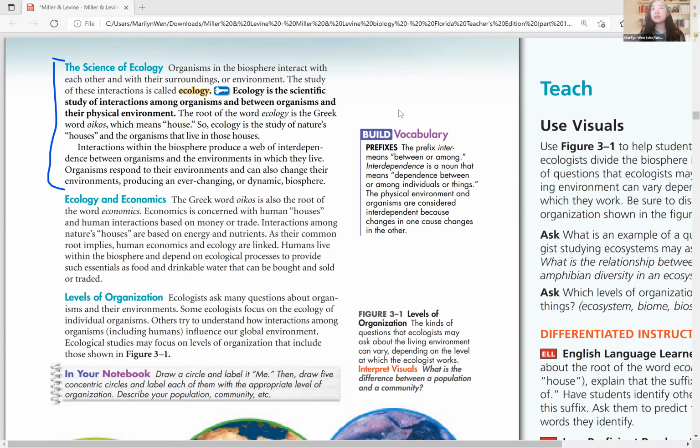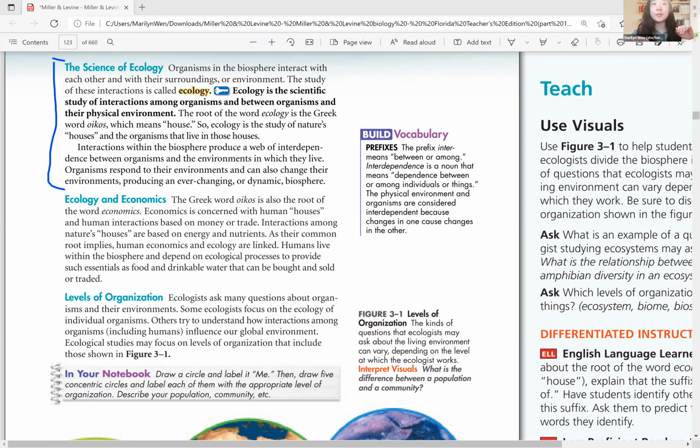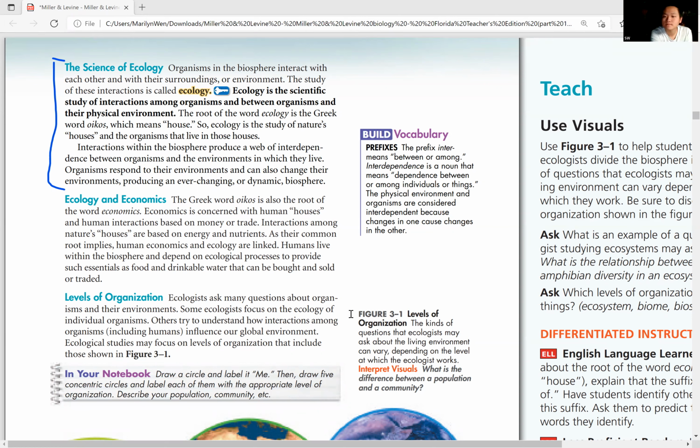You're pretty much right. Ecology is just animals and their environments. Like, I shouldn't say animals, organisms and their environments. So this whole chapter talks about ecology, and it's going to be about the organisms and how they interact with the environment.